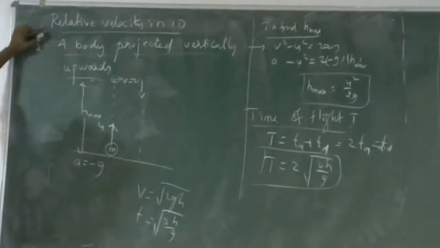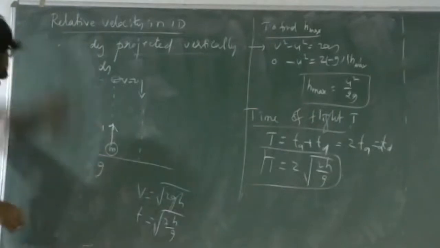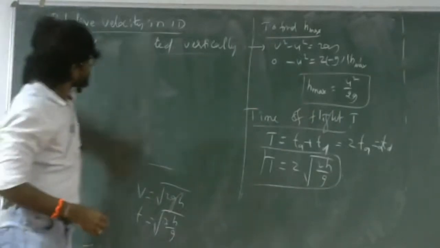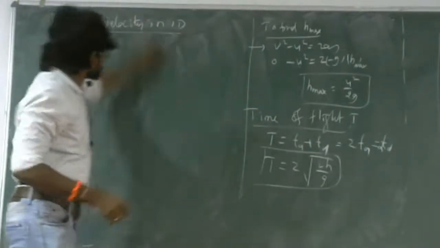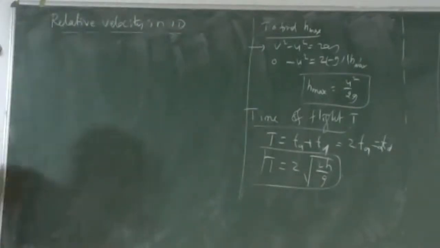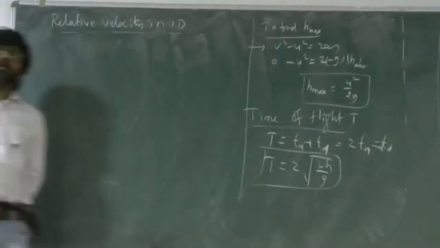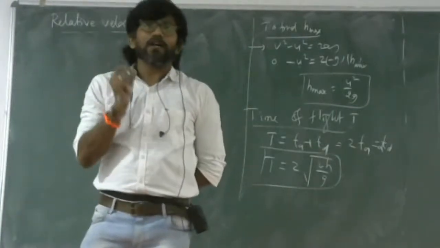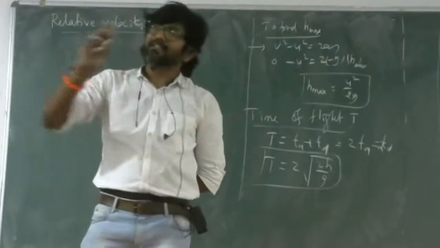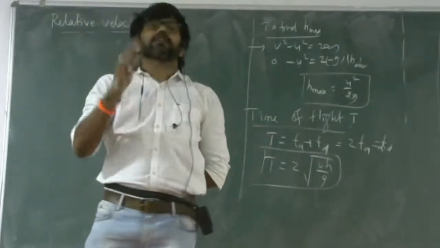So first of all, what is relative velocity? Listen. Velocity of one body with respect to another is called relative velocity.